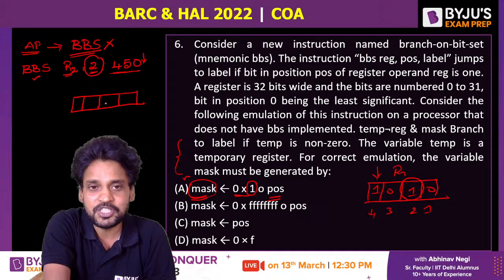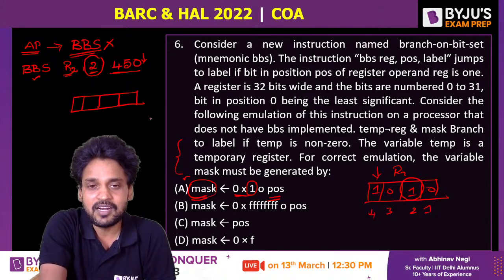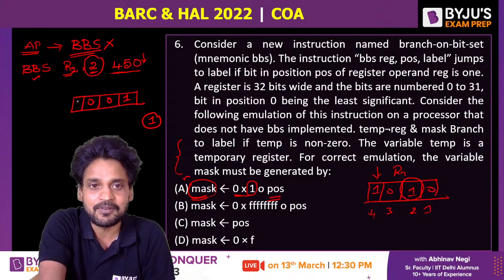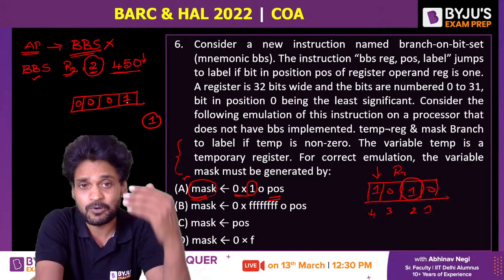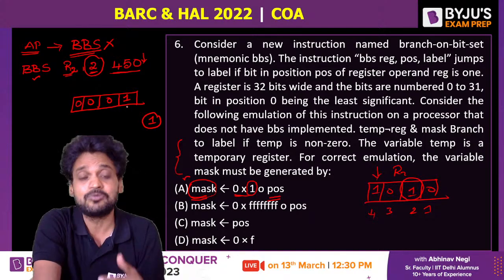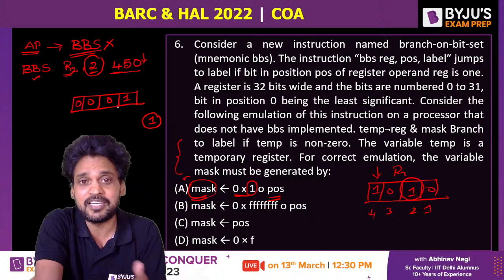To reach the second bit position, I need to shift 1. Initially, I will perform a left shift with 1. The first bit value will be equal to 1, and the rest of the bits will be equal to 0.